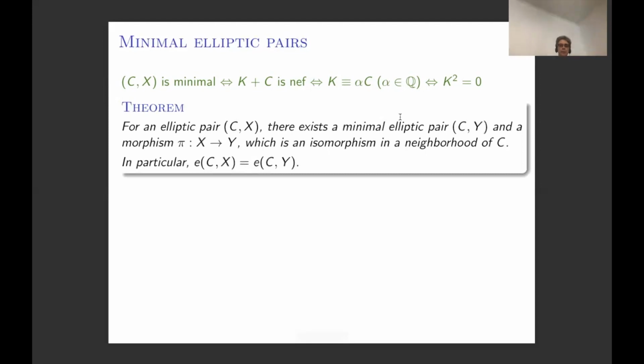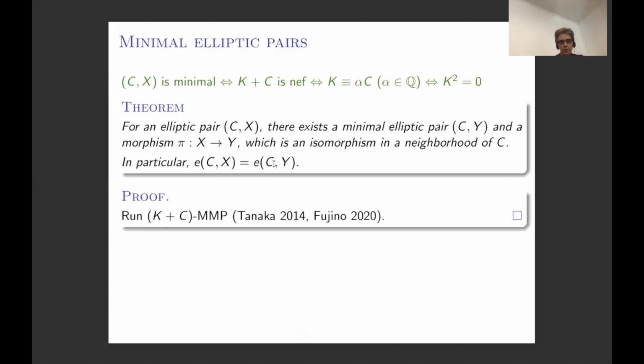And now for any elliptic pair, we can associate it with a minimal elliptic pair with a morphism, which is an isomorphism in the neighborhood of C. In particular, the order of the elliptic pair does not change. The proof is just by running the K plus C MMP. This works in any characteristic due to Tanaka and Fujino.